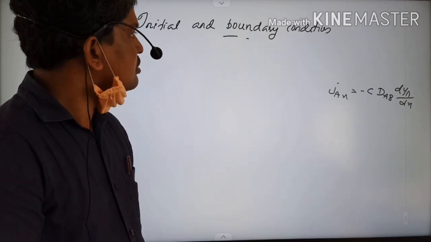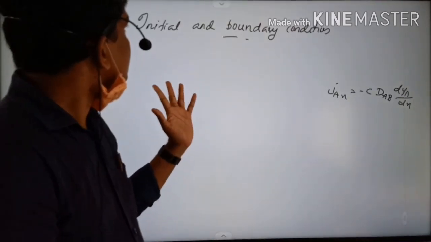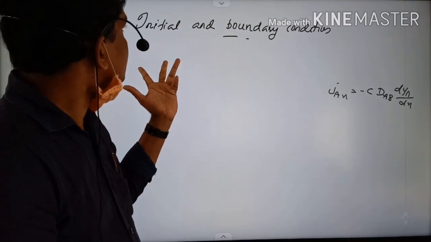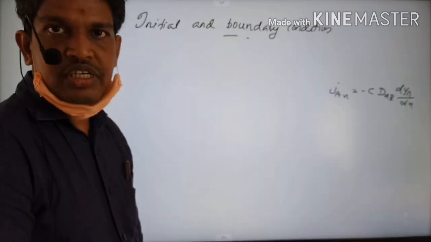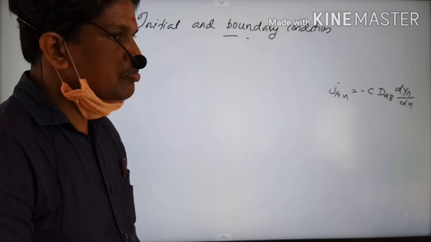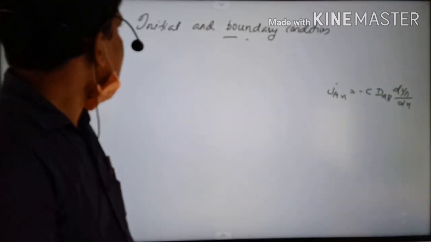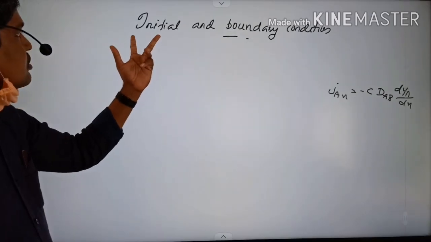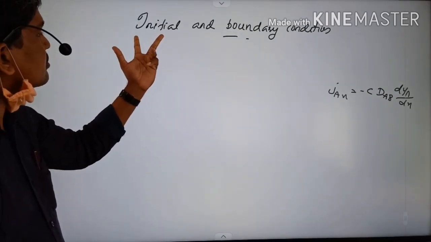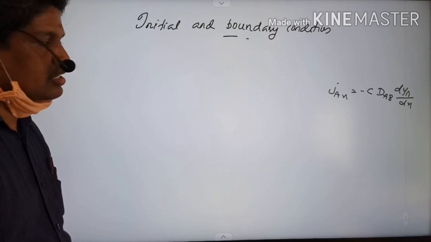So we need some conditions, that is initial condition and boundary condition, for getting the concentration at a particular point, at a particular instant.